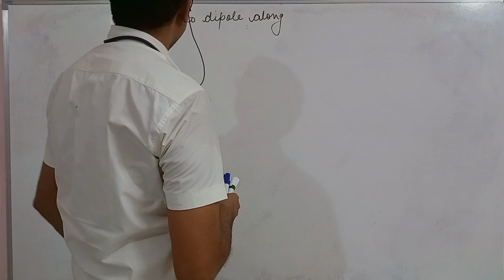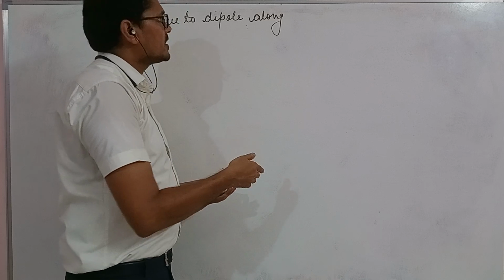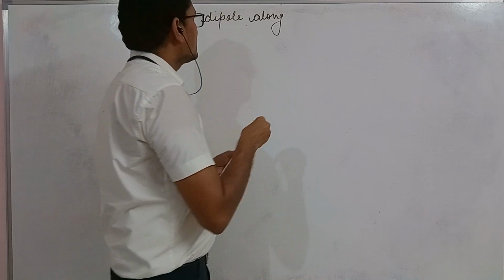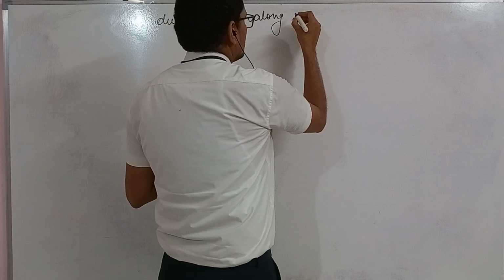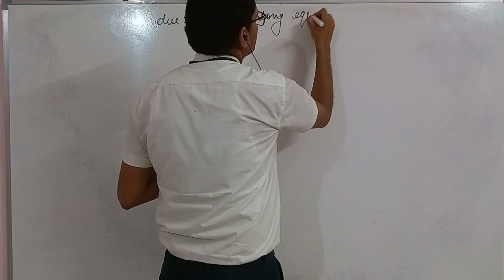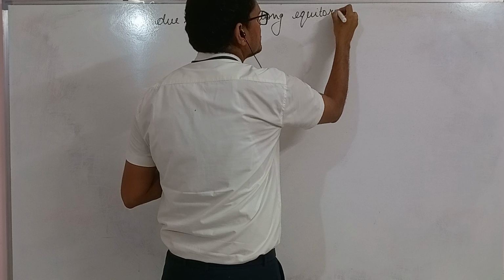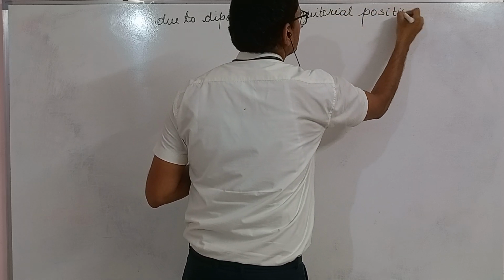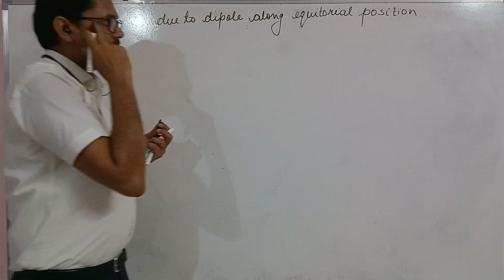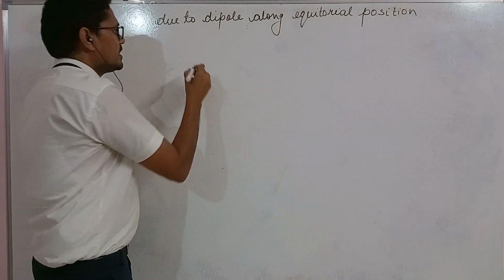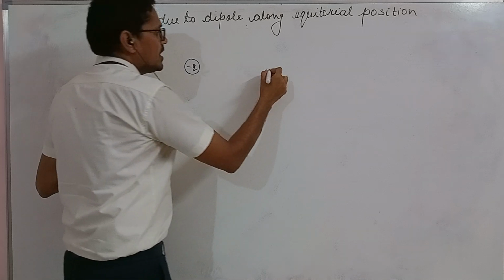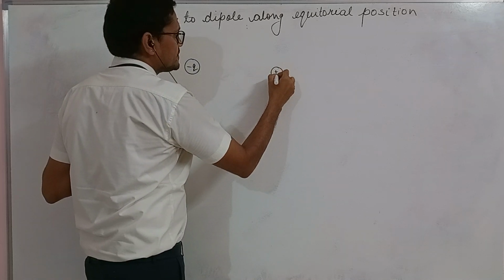Equatorial position means the position which is perpendicular to the axial location. Electric field due to dipole along equatorial position. Let us consider there is one dipole made by two equal and opposite charges, minus q here and plus q here.